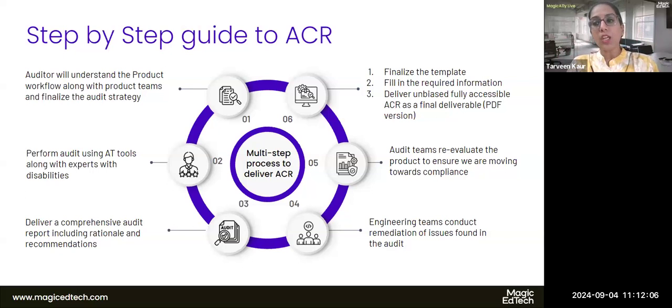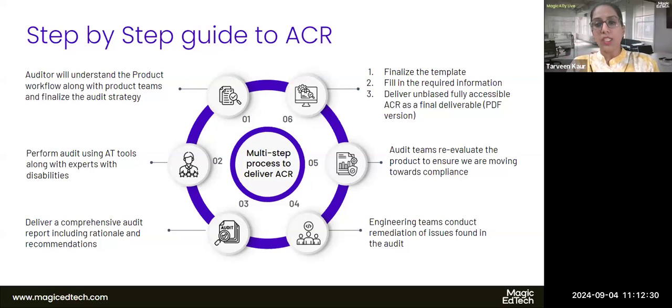Once the scope and strategy are done in step 1, step 2 will be to perform the accessibility audit along with your experts and people with disabilities, because real user feedback plays a very vital role and needs to be incorporated at the right stage. Once that is done, we'll deliver a comprehensive audit report detailing screenshots, bug information, rationale, recommendations, and videos wherever applicable.